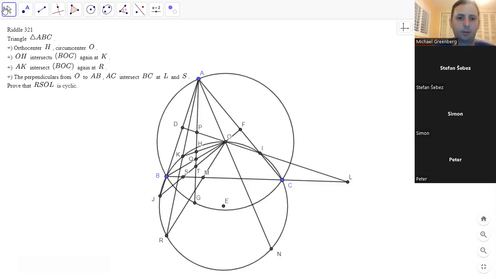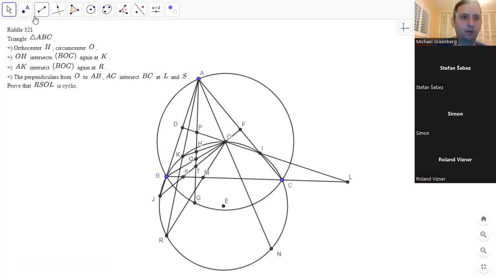Yeah, the two perpendicular bisectors. We see where they meet. So yeah, we can project those points. Maybe we could project those points through O onto DF. Yeah, that looks good also.